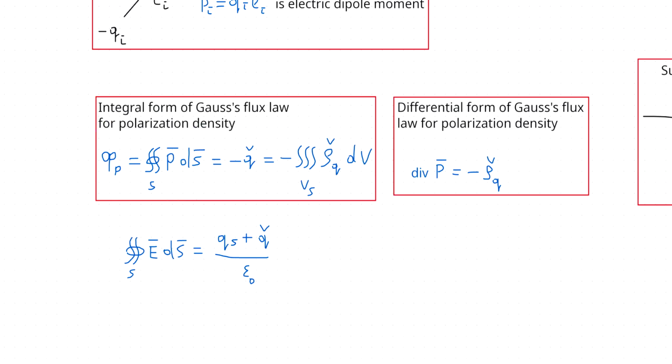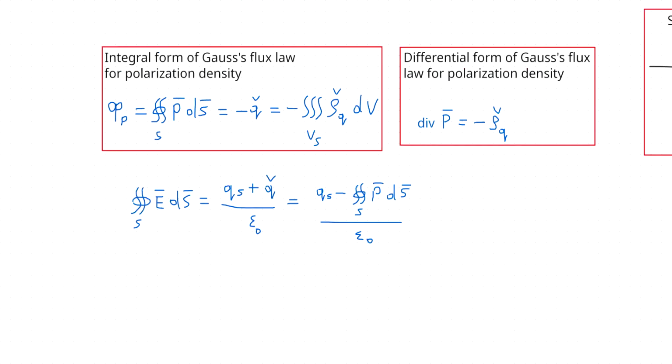So it will be Qs minus the surface integral along closed surface S of P ds, divided by epsilon 0.